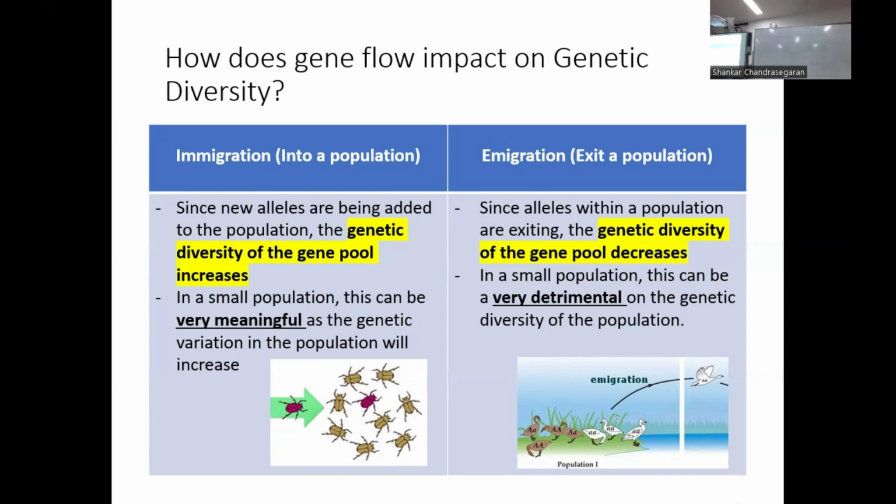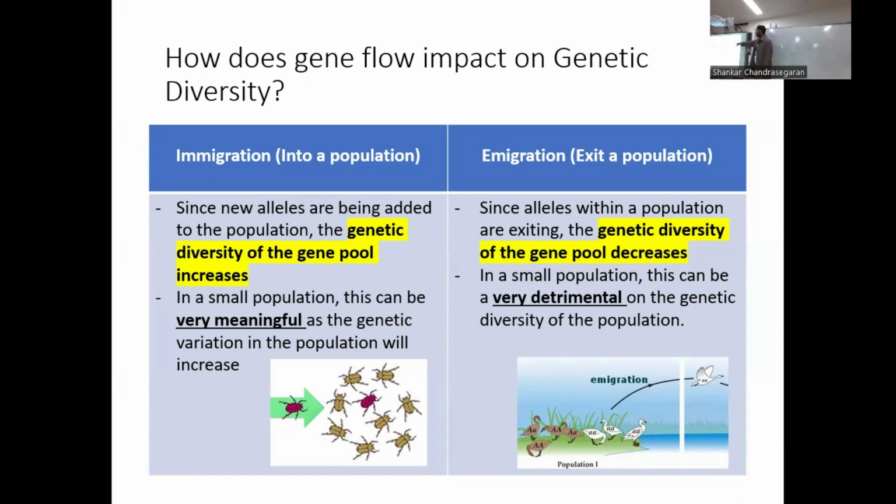So when we're talking about genetic drift and gene flow, they both are going to have a high impact in small populations and a relatively low impact in large populations, because in small populations the allele frequencies can change greatly due to the insertion or removal of any alleles. So that's for immigration, where new alleles are being added in.